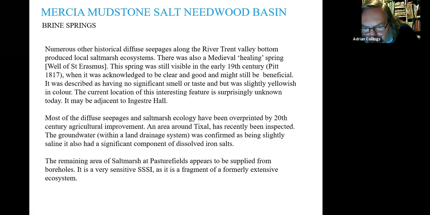This spring was still visible in the early 19th century because Pitt in 1817 acknowledged it to be clear and good, and might still be beneficial. It was described as having no significant smell and taste, but was slightly yellowish in colour. The current location of this interesting feature is surprisingly unknown today. It may be adjacent to Ingestre Hall, and this is what I have dug out of the internet.